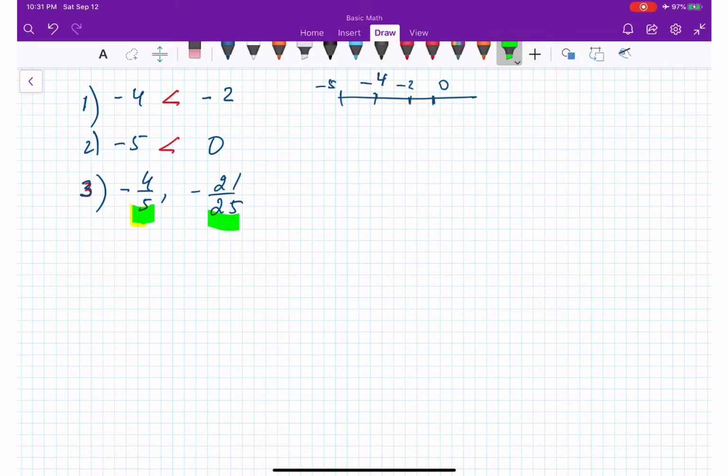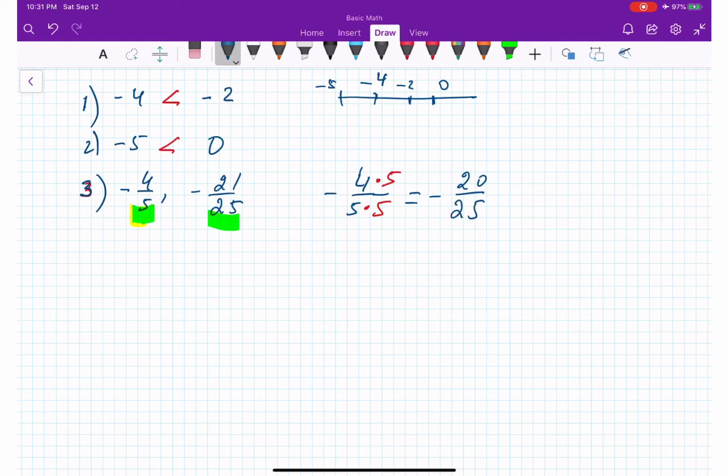Because 5 and 25 are divisible by 5, and 25 I can divide by 5. So how am I doing this? -4 over 5. To get 25, I have to multiply this 5 by 5. But whatever change I do to the denominator, I have to do to the numerator also. And I will get -20 over 25.